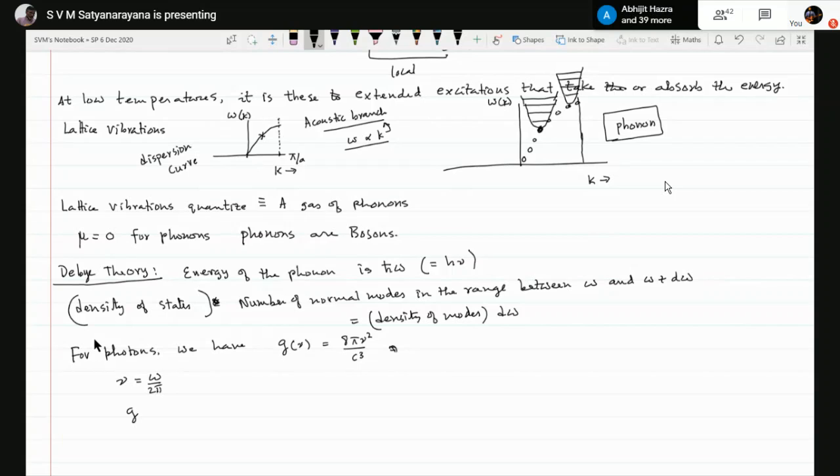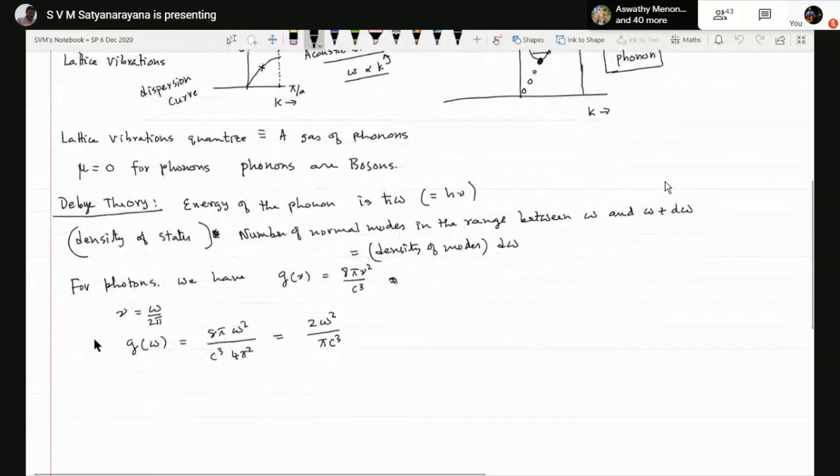So we can get g of omega is equal to 8 pi omega square divided by c cube into 4 pi square. That gives you 2 omega square divided by pi c cube. This is just the expression for photons recast in terms of omega.